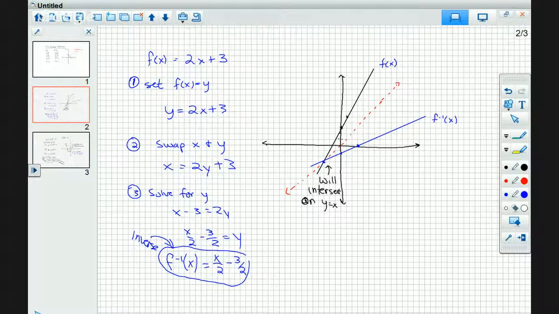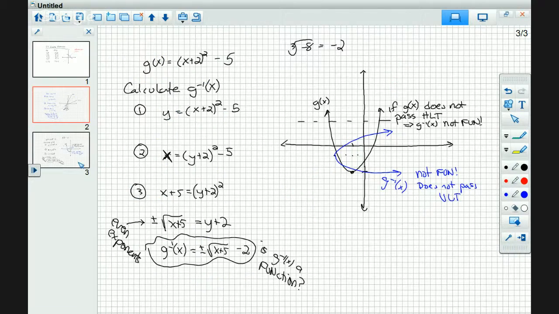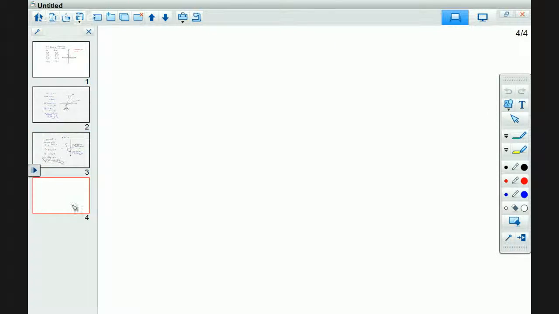For a function, for every x there's one y. Okay. Got it? I'm sure you do. Okay, let's do a harder example, and then we'll be done. That one's pretty easy.